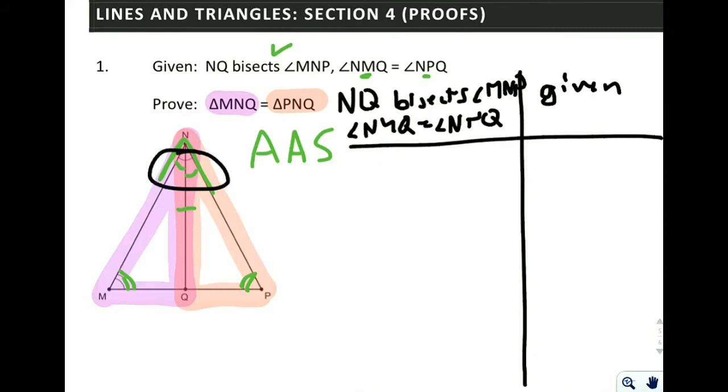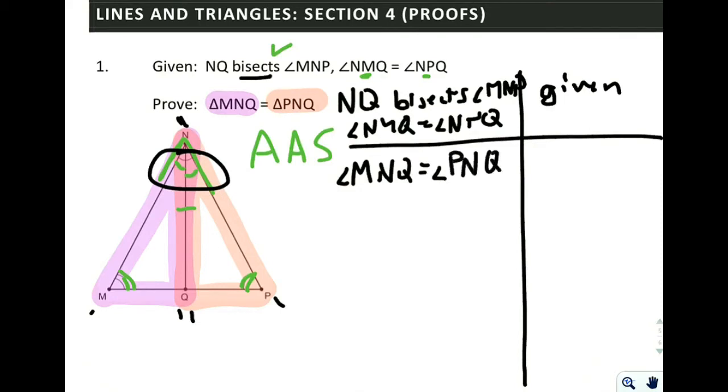We said that these angles are equal, and we knew that because of the bisector. So we need to say that explicitly. So we have angle MNQ, let's keep our letters straight, MNQ is equal to angle PNQ.